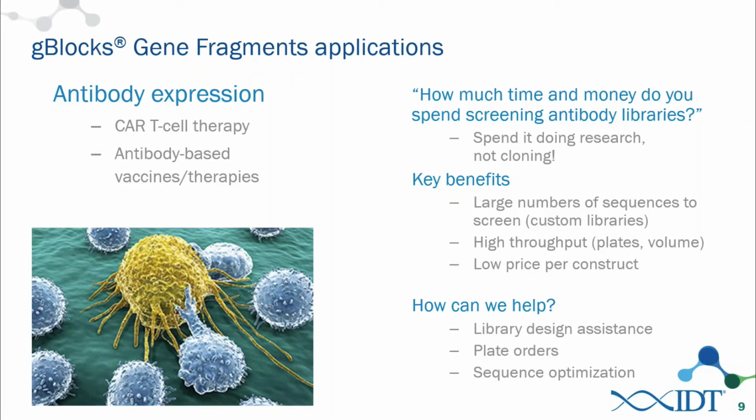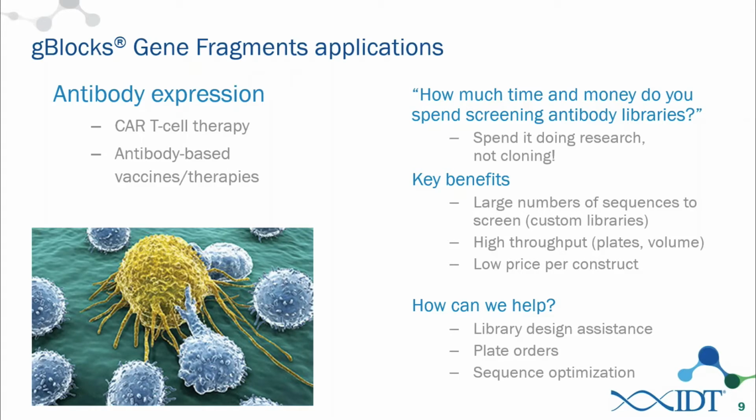You can clone those into antibody expression vectors, and that's been used for anything from CAR T cell therapy to antibody-based vaccines and different therapies that are antibody-based, and even creation of simple detection antibodies. Basically, anytime that you need to create new variation or optimize binding efficiency with the antibodies, gBlocks can help by creating those variable domains.